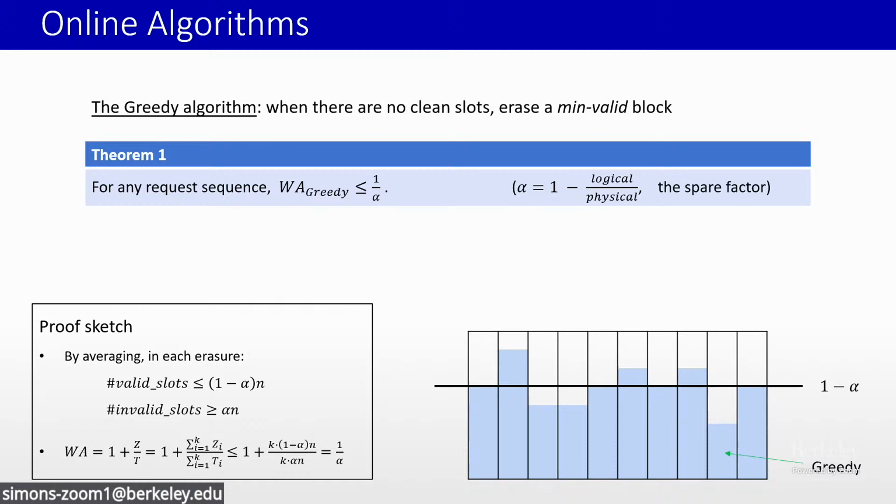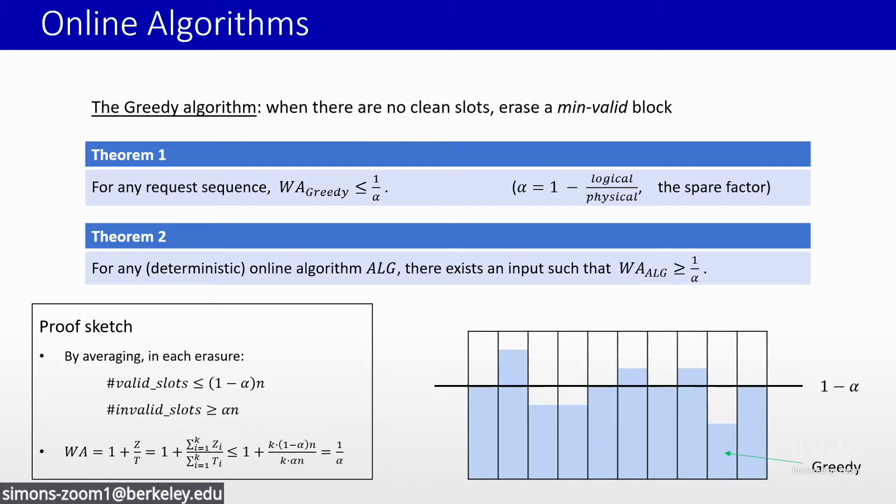That's the number of valid slots it will have to rewrite. So the write amplification in this case is just the ratio between 1 minus alpha and alpha, plus 1, which turns out to be 1 over alpha.